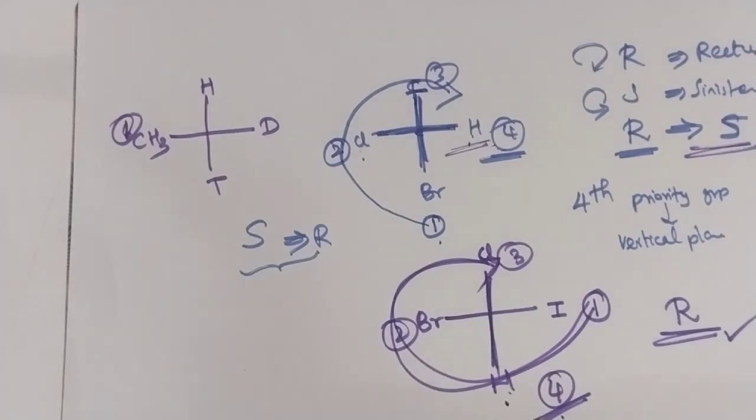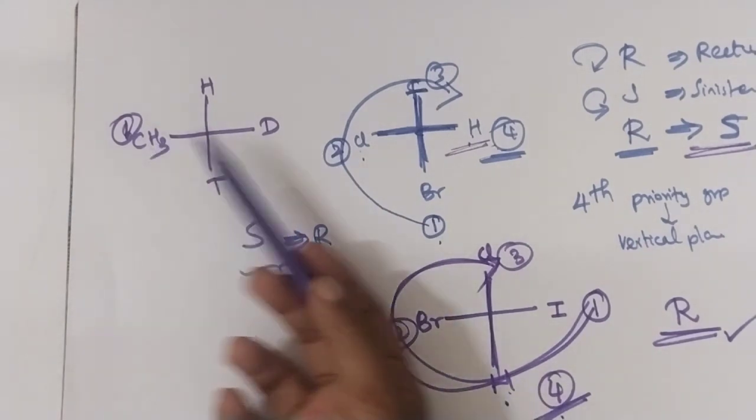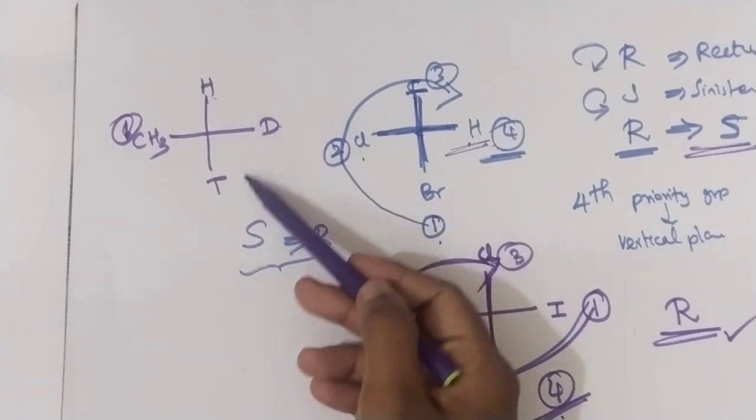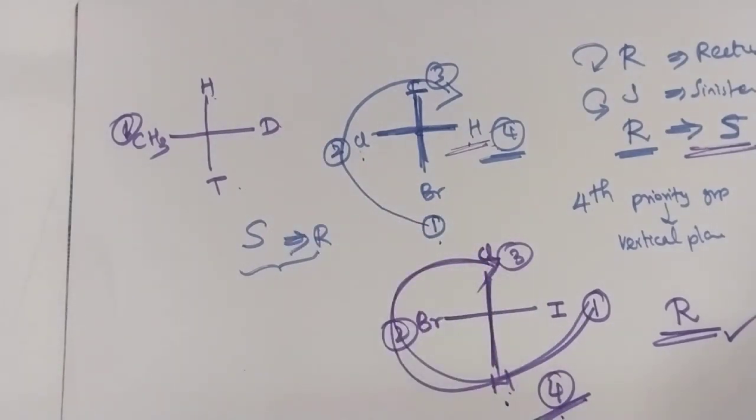First you have to give the priority based on the atomic number. Hence, this should be given the first priority. Now, in this case hydrogen, deuterium, tritium all have the same atomic number, it is 1, because they are all isotopes of hydrogen. What do you mean by isotopes? They are nothing but atoms having the same atomic number but different mass number, right?